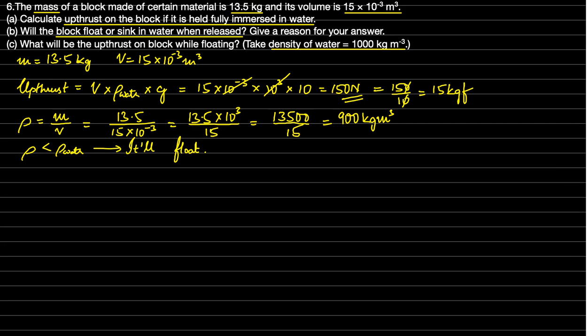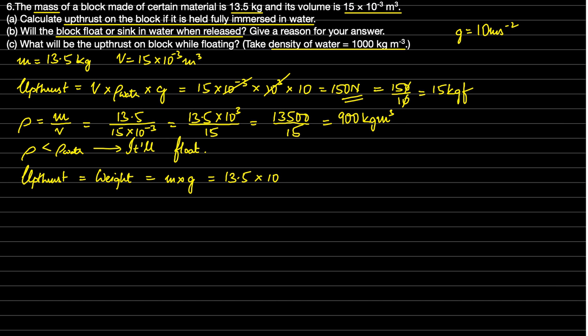Now, if a body is floating, we need to remember that upthrust will be equal to weight. This happens only when the body is floating. So upthrust will be equal to weight. So weight is nothing but mass into acceleration due to gravity. So mass is 13.5 into acceleration due to gravity. We will take it as 10. I would write it here considering g is equal to 10 meter per second square.